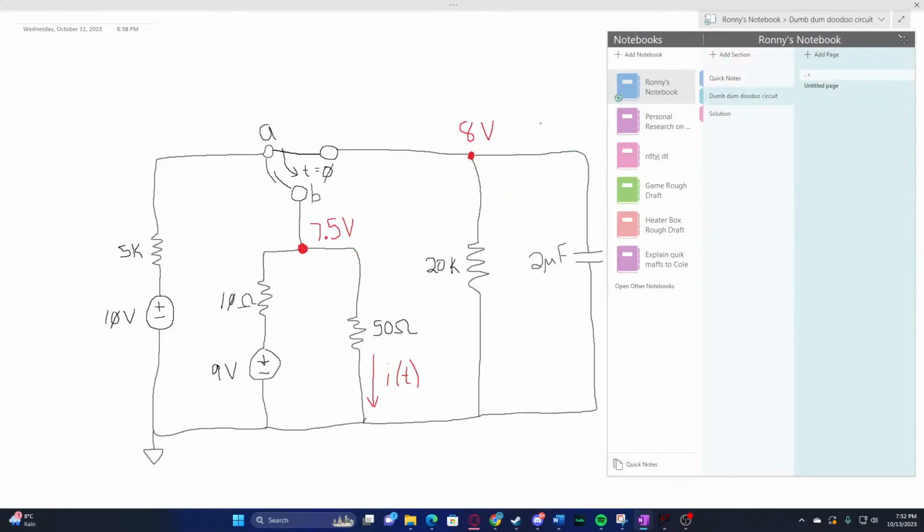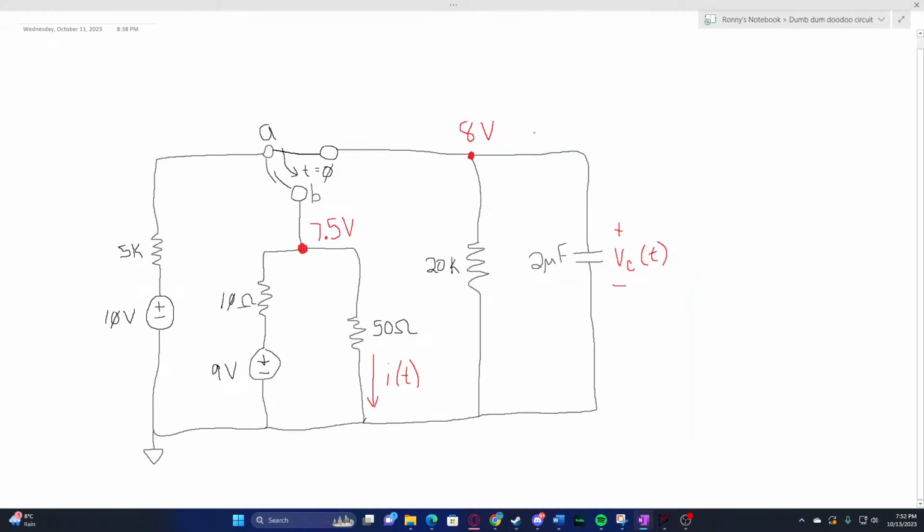Over here, at t less than 0, you have 8 volts here, and down here you have 7.5 volts.